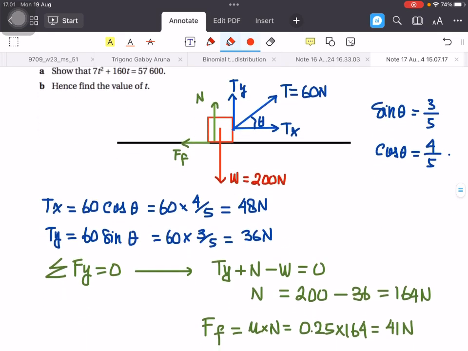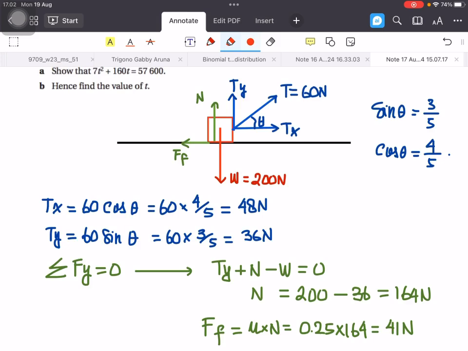Now resolving forces in y direction, we know that in y direction it's equilibrium because the crate does not move vertically. In this diagram, the crate will move to the right. So we can say that in y direction, the system is in equilibrium.